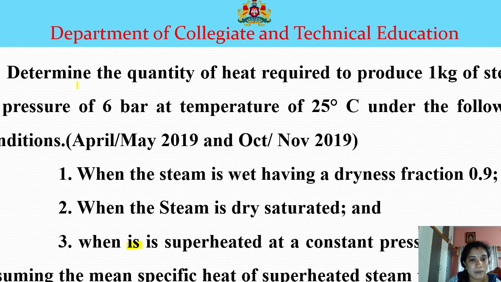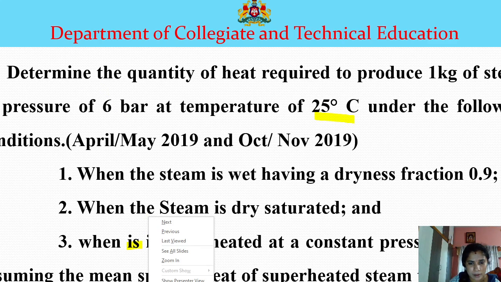So in this particular problem, what they have asked: determine the quantity of heat required to produce 1 kg of steam at a pressure of 6 bar at temperature 25 degrees Celsius. This is the condition they have given. They want to produce the steam at pressure 6 bar. I'll write the condition here.